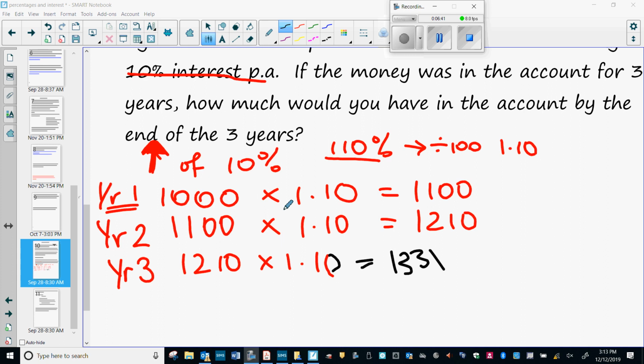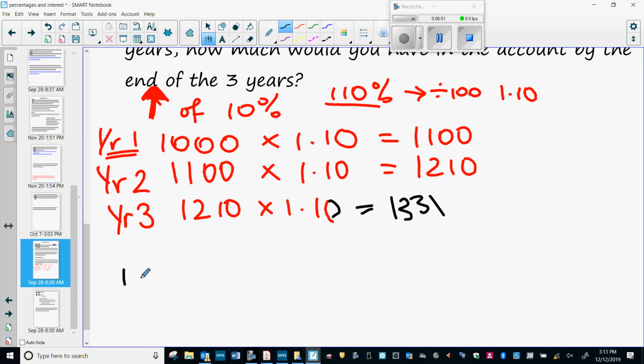Now, doing this, it's a real palaver, isn't it? We're doing the same thing. We'll have to write the number over and over again. So what we could have done is said, right, we've got that $1,000 and we multiplied that by 1.10. And then that answer, we multiplied that by 1.10.